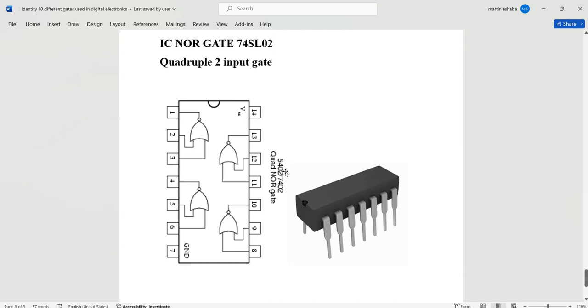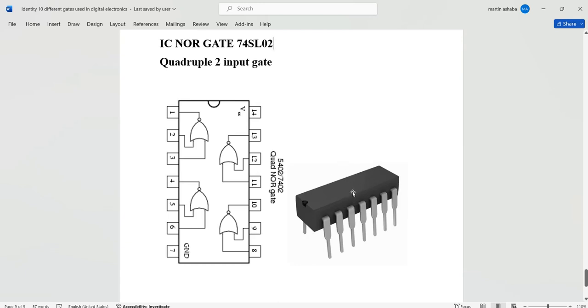This is an integrated circuit that consists of transistor logics or logic gates that are arranged together to form NOR gates. And these NOR gates, four of them, are brought together to form the quadruple 2 input IC74LS02.